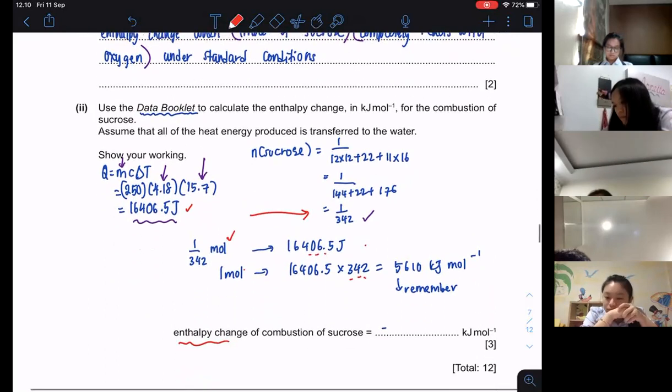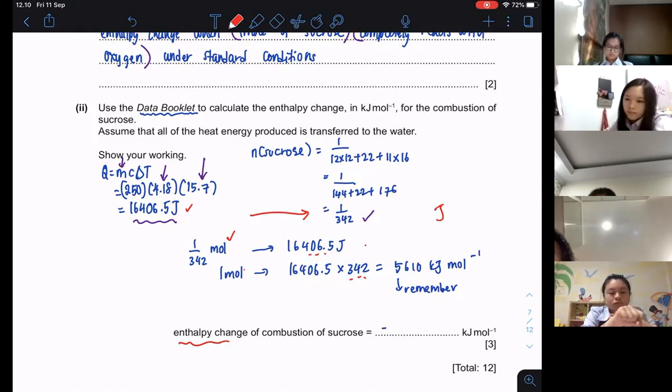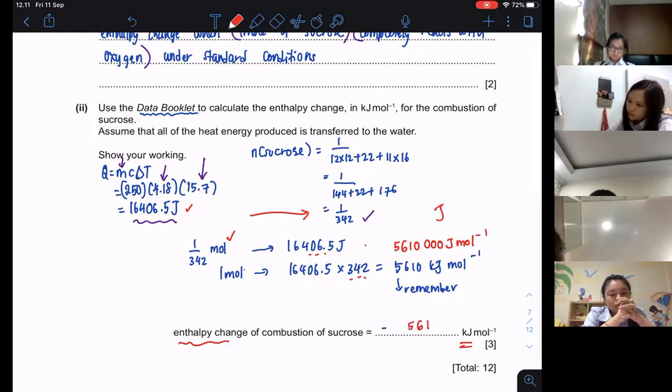When you times, you will get your answer in joule. Take note, you will get your answer in joule. Here they want kilojoule, so you need to divide by 1000. Probably you will get 5610000 joule per mole. So when you write your answer over here, you need to change it into kilojoule, 5610, divide by 1000.